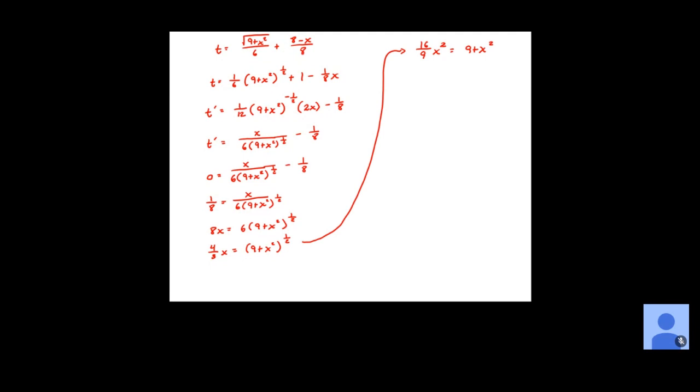All right, what's next? Okay, good. We can move the x squared over to combine it with the x squared on the other side. What's 16/9 x squared minus 1x squared? Good, right? So 16/9 minus 9/9 is going to leave us with 7/9 x squared equals 9. All right, what do you want to do next?